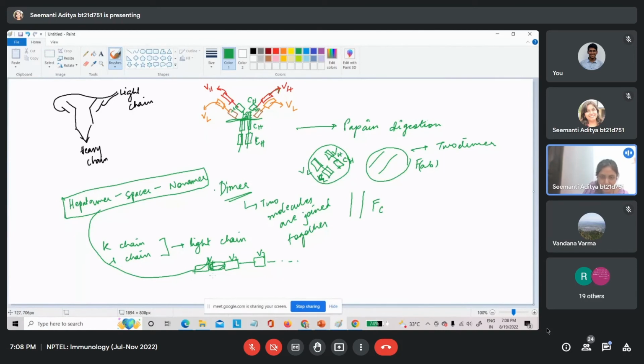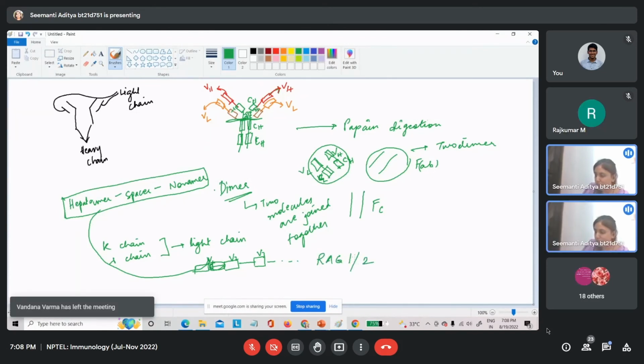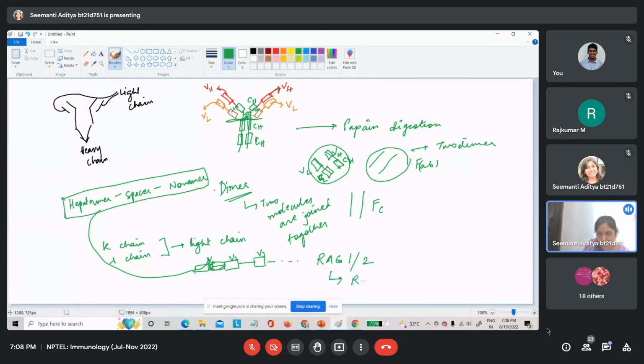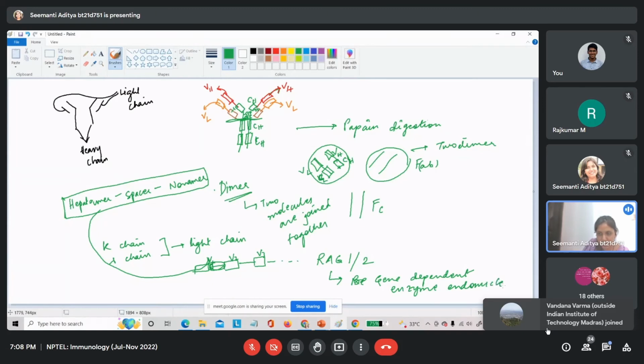Now, what this sequence is meant for is this: there is a protein known as RAG1 and RAG2. This is basically the recombination gene dependent enzyme endonuclease. As the name suggests, it is gene dependent.